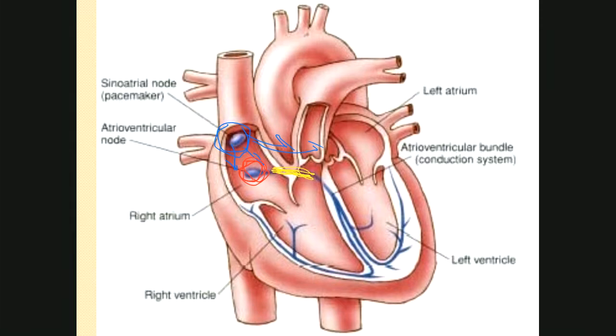The AV bundle goes down, and then it splits. So we get the bundle branches, and the bundle branches go down to the tip of the heart, and then finally the Purkinje fibers go back up and deliver the action potential to the individual heart muscle cells. Does it make sense?